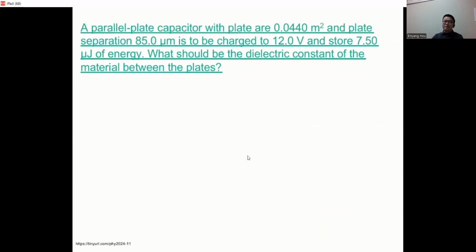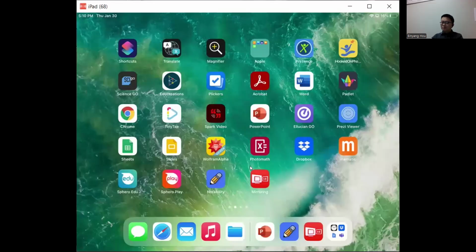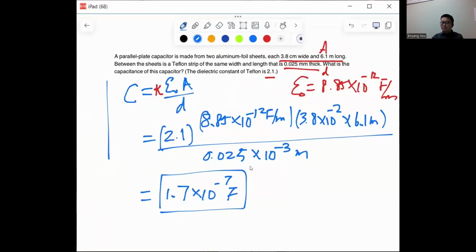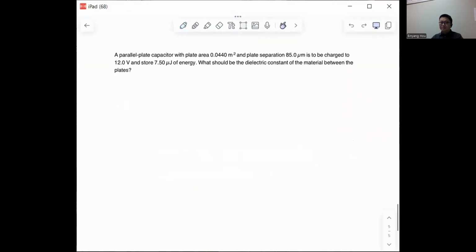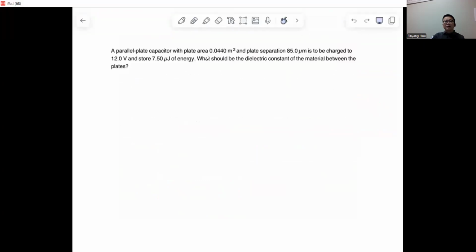Let's take a look at the example. This one says a parallel plate capacitor with plate area 0.0440 meters squared and plate separation 85.0 micrometers.